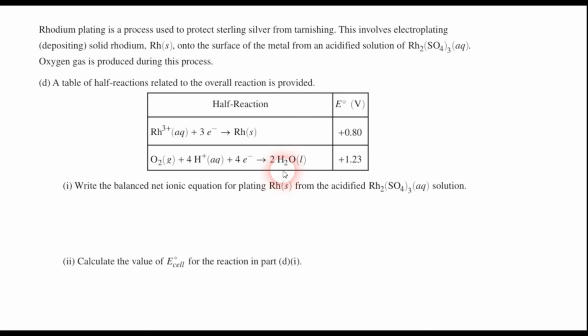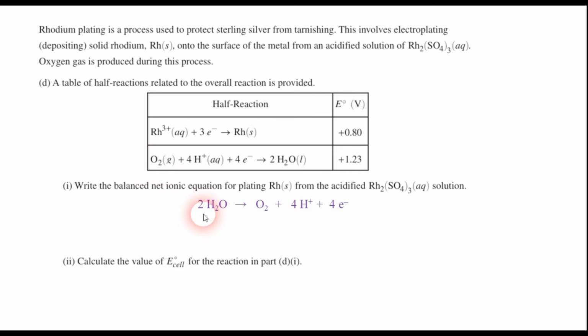Now we have some half reactions here that help us to figure out what's going on. And part 1 says to write the balanced net ionic equation for plating rhodium solid from the acidified rhodium sulfate solution. So the first thing that we want to do is realize that oxygen gas is being produced. It says that up here in the header. So that tells me that this second half reaction has to be flipped so that the O2 gas is a product.